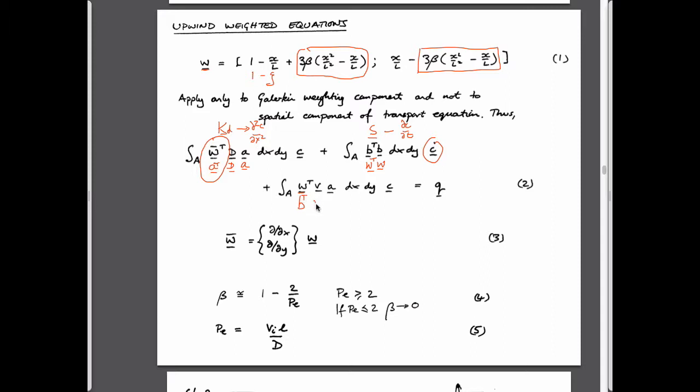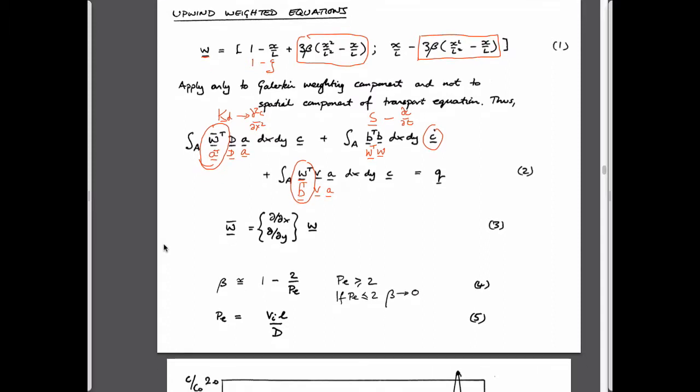B transposed V. So this is what our advective matrix looks like before. So we've just replaced the shape functions with the new shape functions, the derivatives of the shape functions with the derivatives of the new shape functions. And that's what we've used. And you can go through and calculate the matrix with that, just by taking the derivatives.